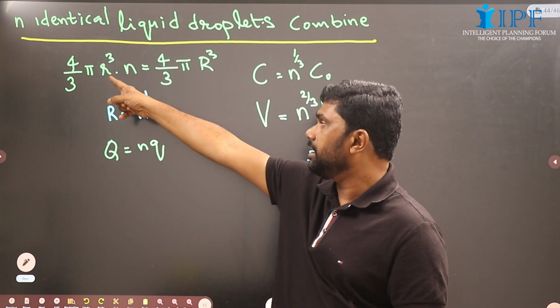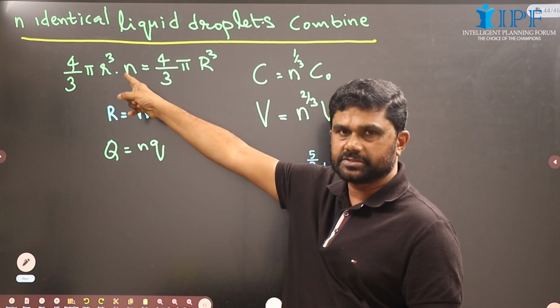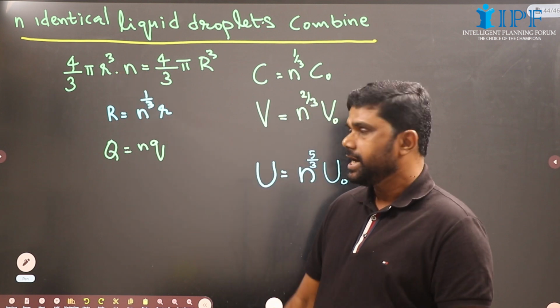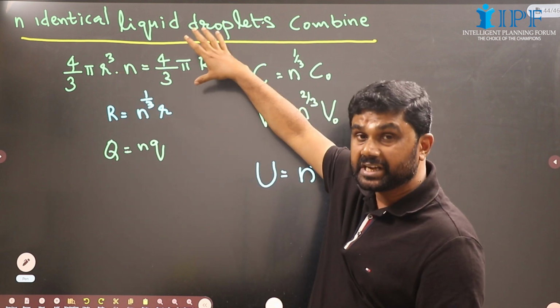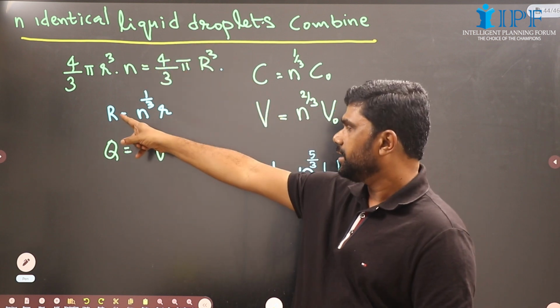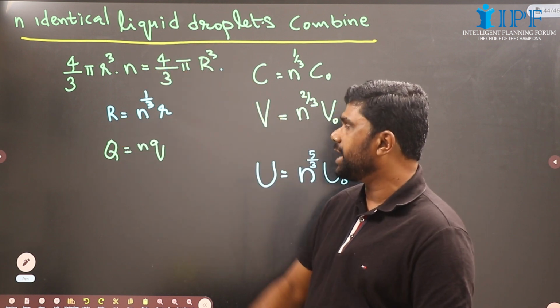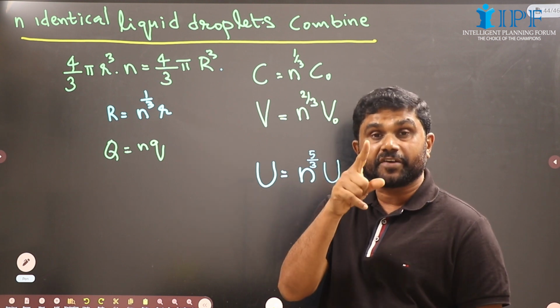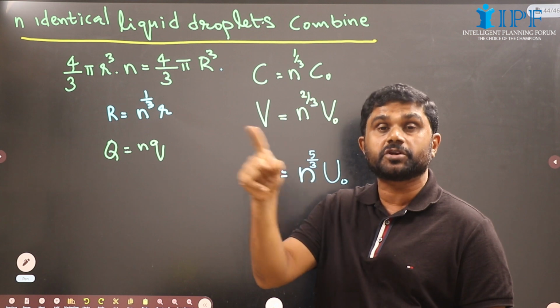So this is the volume of n droplets, meaning the volume of each droplet times the number of droplets, and this is the volume of liquid in the resulting drop. This must be conserved. So we will get the radius of the resulting drop as n raised to 1 by 3 times small r.